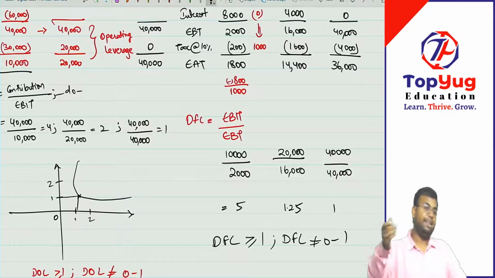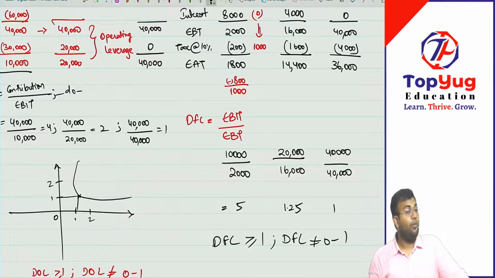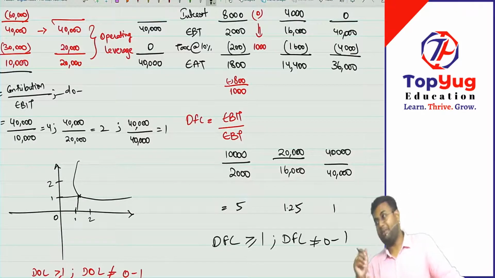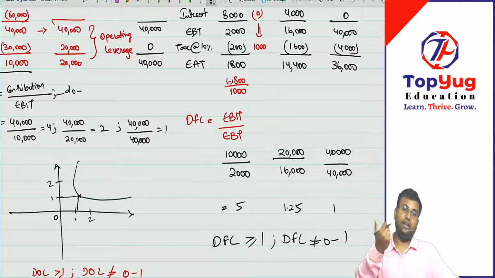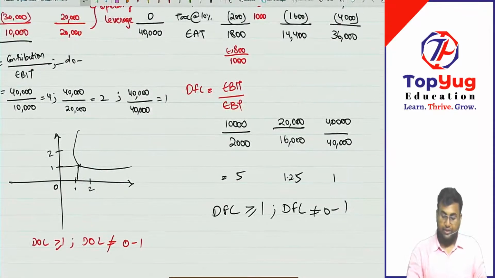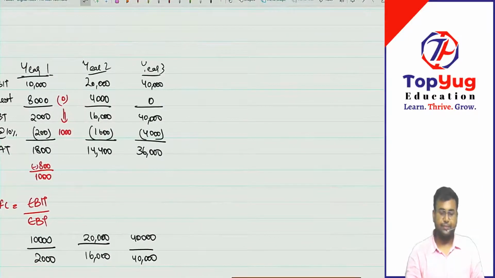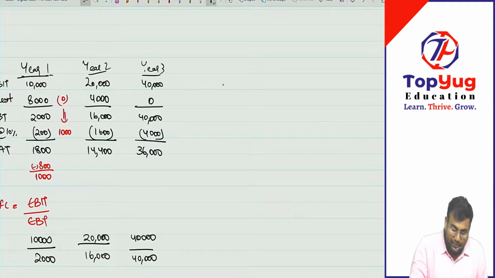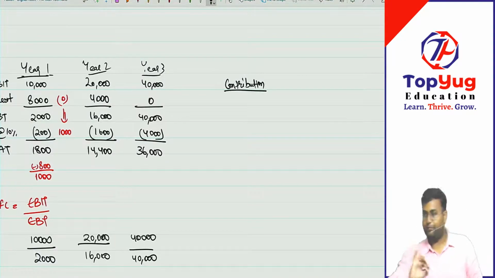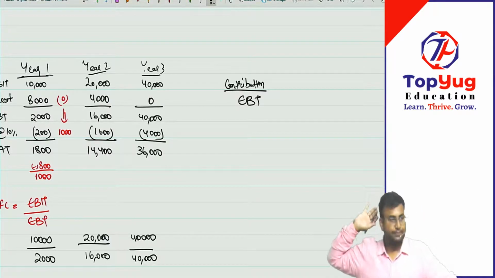Done. Now let's take our madam's doubt, first doubt of the class. For the combined leverage, why are you multiplying, not adding? I actually don't add, don't multiply. I just take a simple synopsis, right? Understand this very carefully. I have contribution as my major item where the calculation starts, and EBT is the last item where I meet out all my cost.